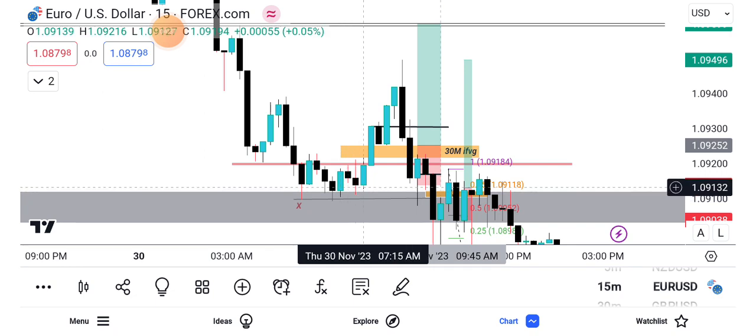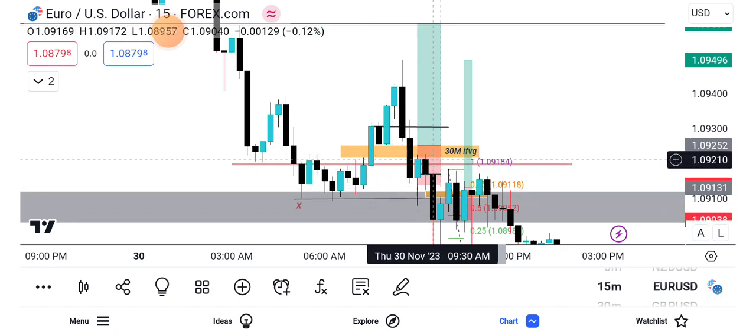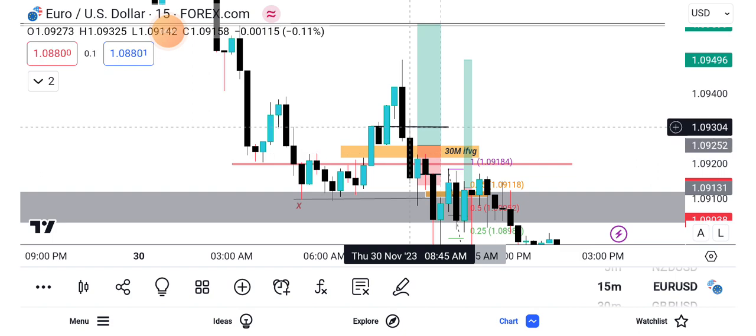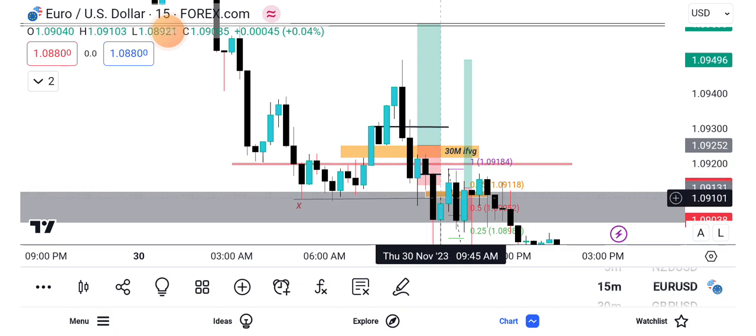Here, at the low of this OB was my stop loss, but you can see the market rallied lower, tapped us in, rallied lower and took us out.